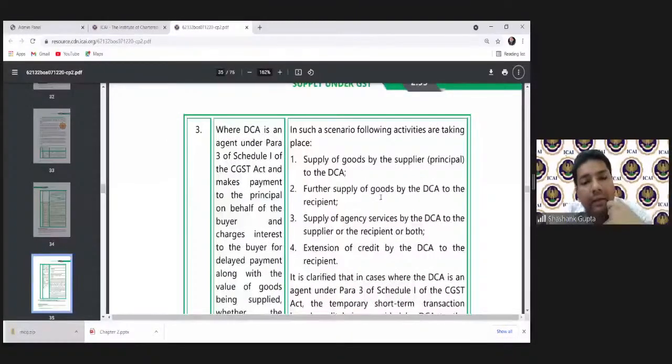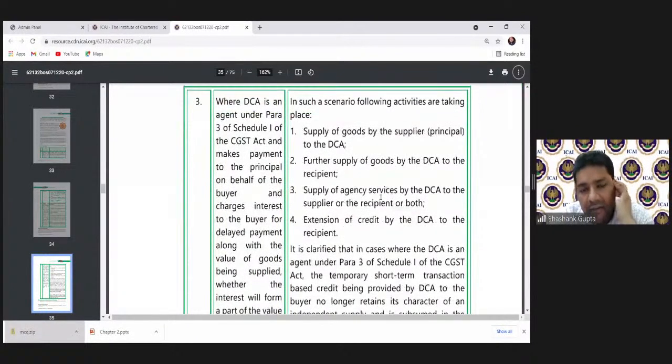So, in fact, had we studied valuation, you would have already known the answer, but let us break up the transaction. What are the activities that are taking place?